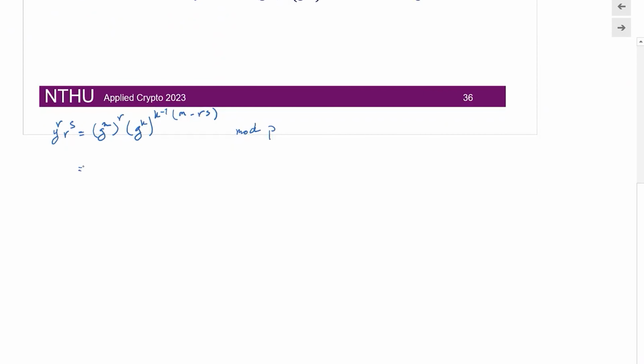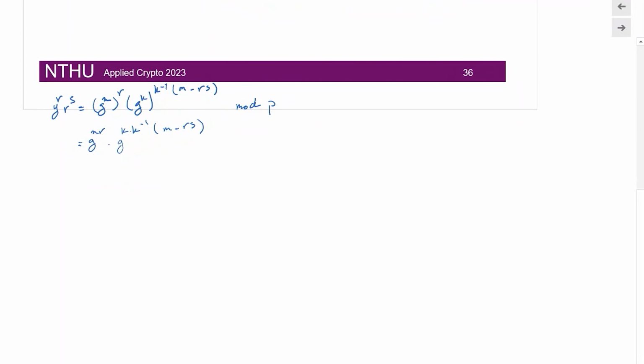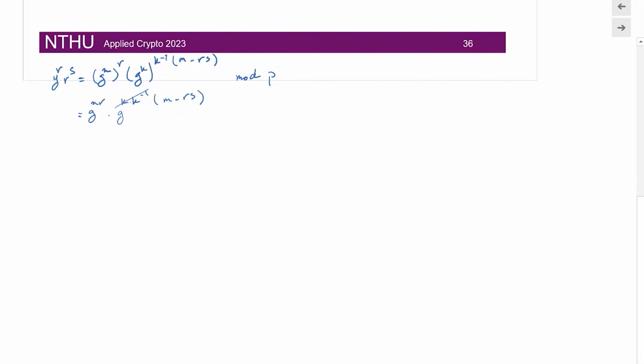So let's see. From the first part we have g to the xr times, from the other side we get g to the k times k minus 1 times m minus rs. So these two would get cancelled, right?